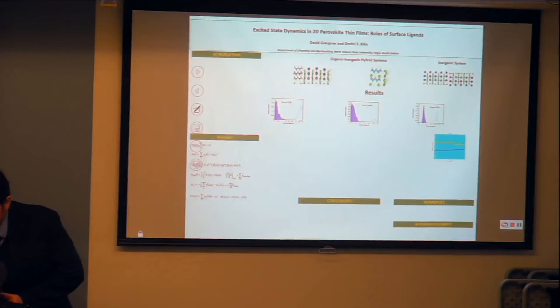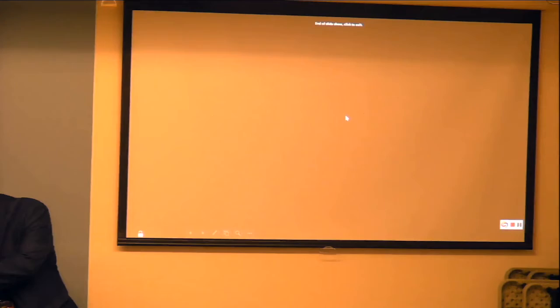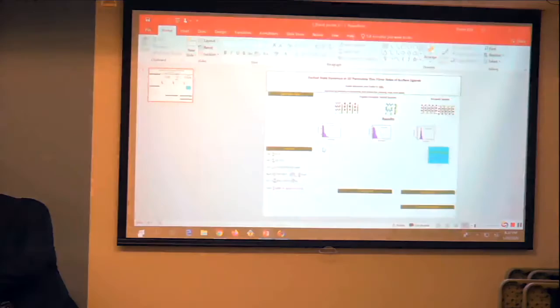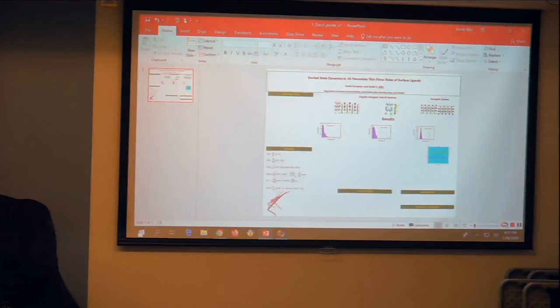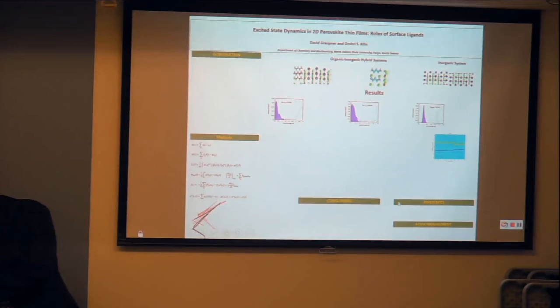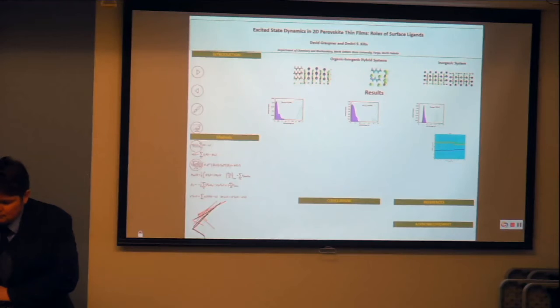So each orbital has an energy. And then the orbital occupations change in time. So then the average energy will change in time as well.